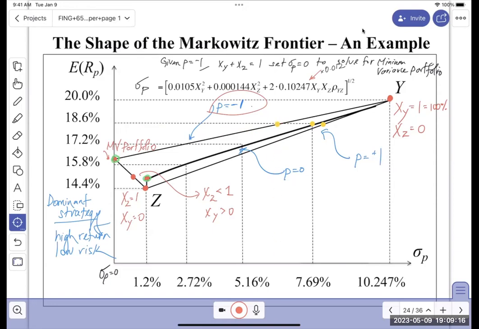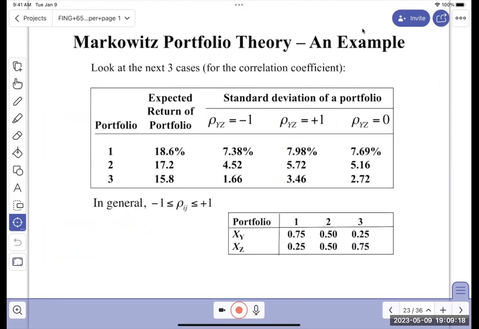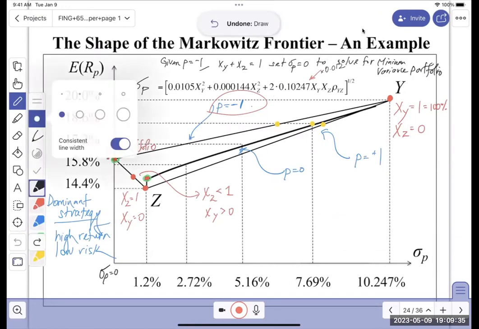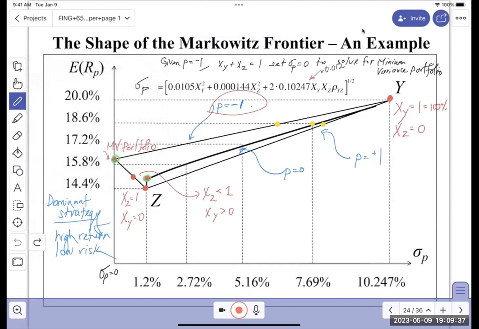If you plug it in the formula, you will find that it's 7.38%.